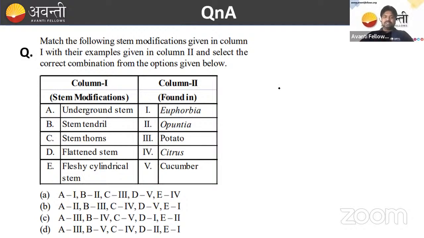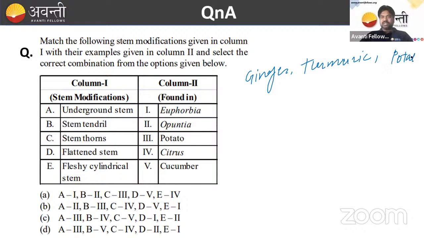Okay, so I'm ending this poll, and here is the result. Here 100% of people answered the question. What is the correct option? They ask about the underground stem. Examples of the underground stem are ginger, turmeric, and potato.